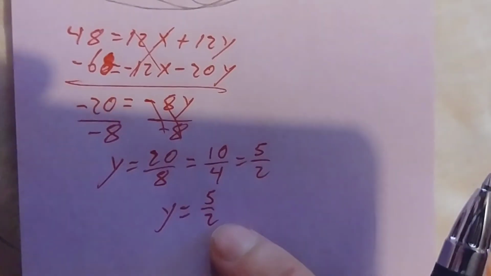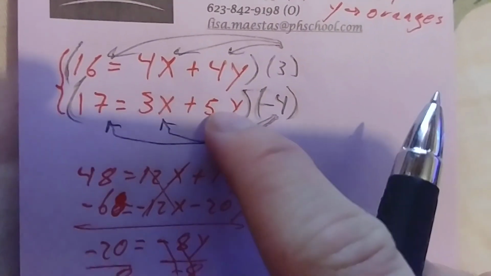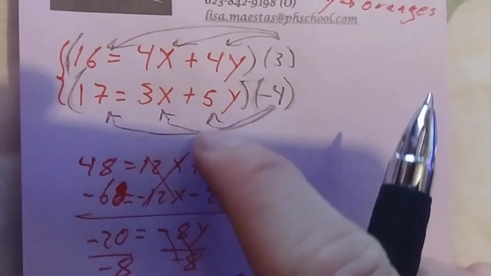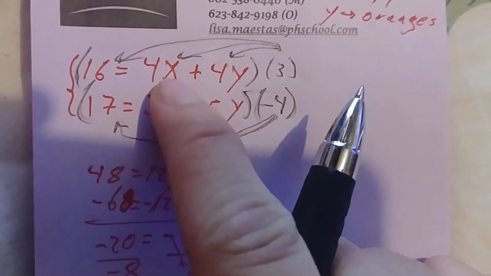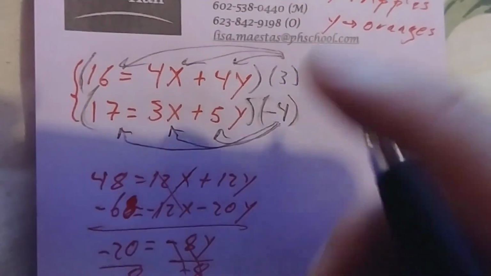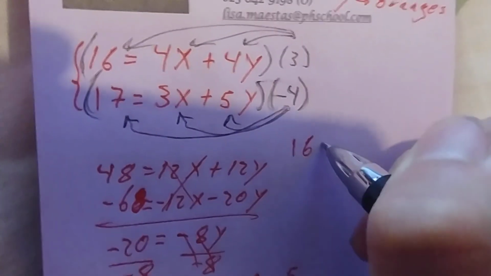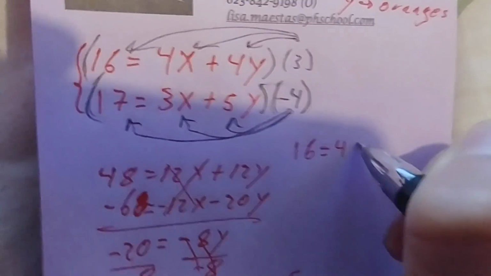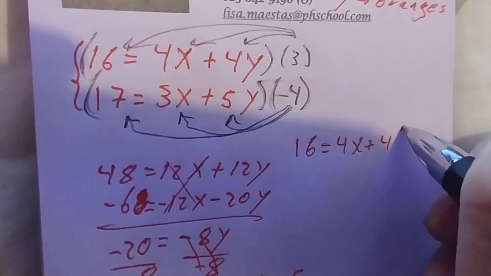So I got my 5 halves. Now I'm going to choose the easiest equation that I can think of. I think that would be maybe that one. So I'm going to take my top equation, and I'm going to replace my y value by 5 halves. I got 16 equals 4x plus 4 times what's y?